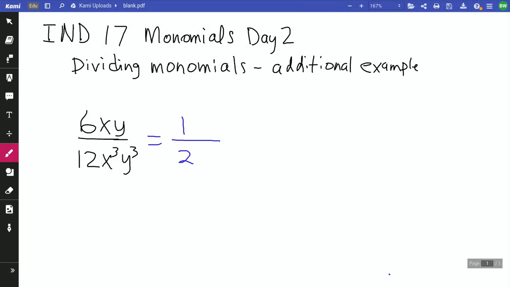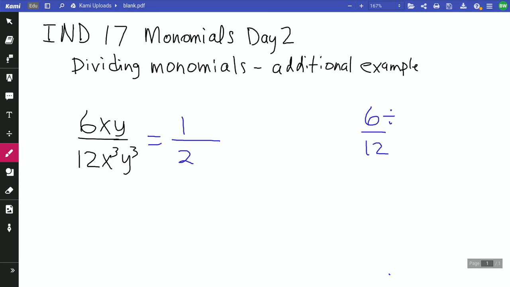Now, let's talk about that a little bit. There are different ways to think about that. For example, you could just look at that 6 and that 12 and reduce that fraction to lowest terms. We'll look at it over here to the side. A number that divides into both of those can be used to reduce it, right?